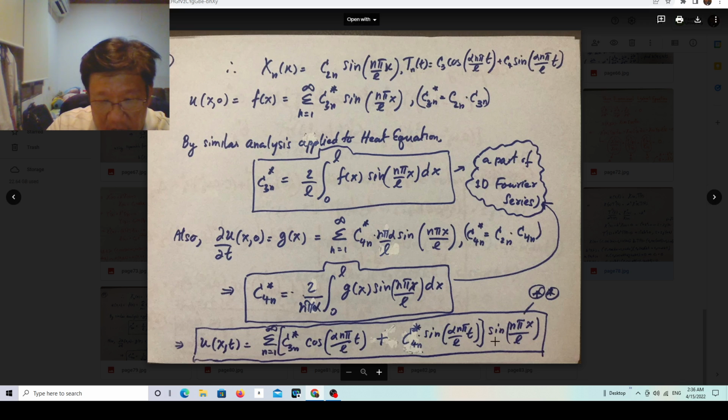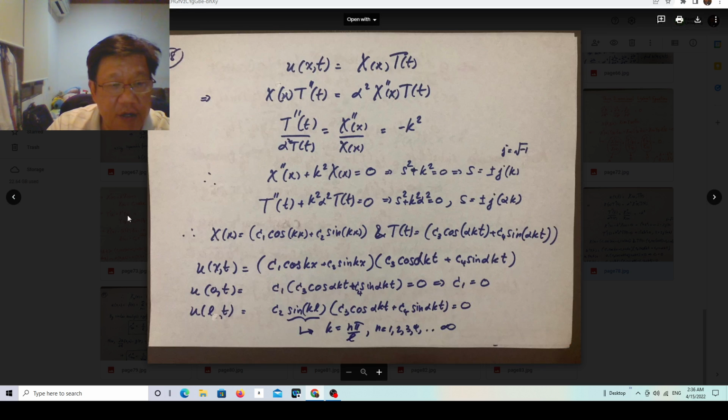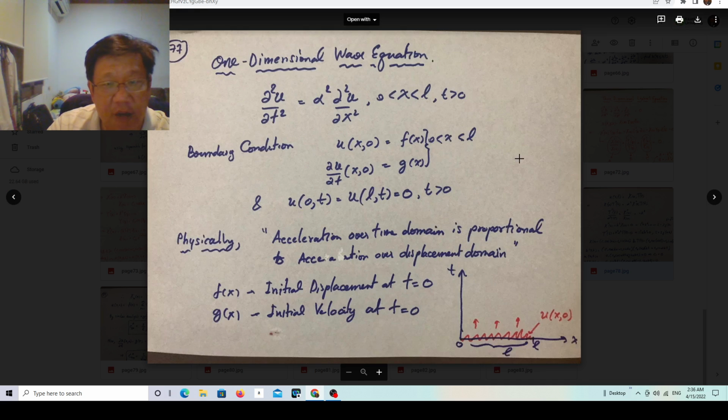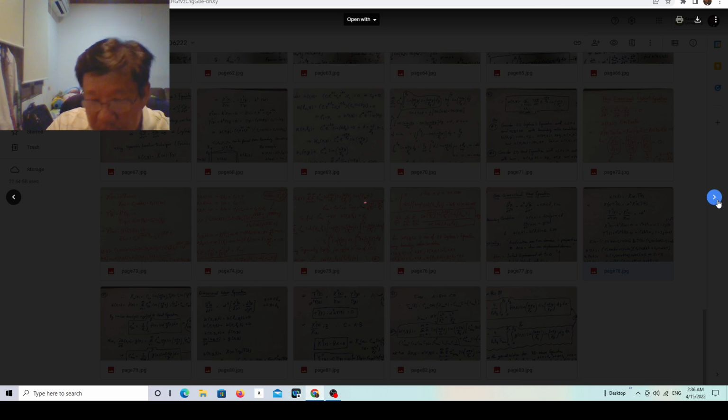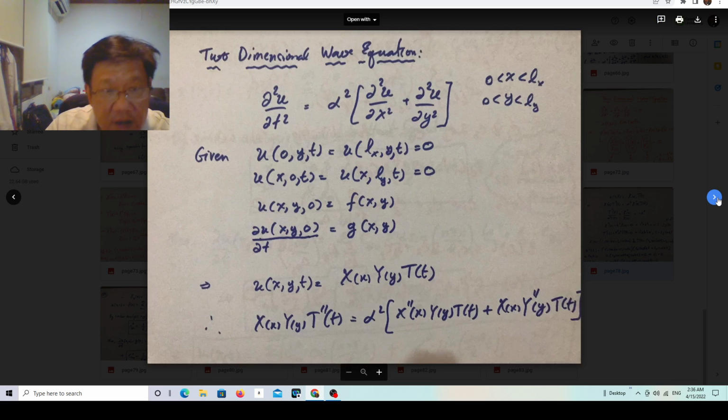This is a t function and this is an x function in multiplication form. So this is a solution for the one-dimensional wave equation here. With this similar analysis, you can extend it to the two-dimensional wave equation also.